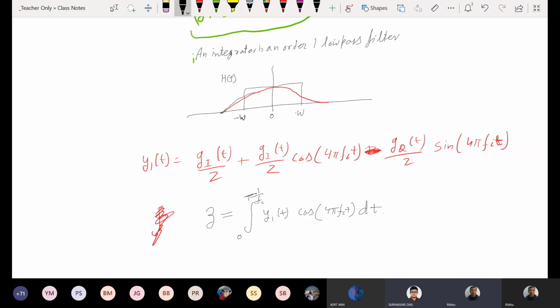But there's a problem. Once you integrate it over a time period, instead of a function, you'll get a number. You want a function of time, yes.